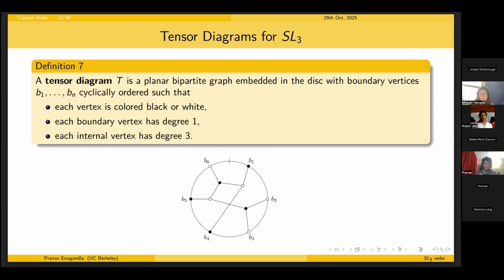So I have black and white vertices, remembering my bipartiteness, and I just have any old graph. The only condition is the internal vertices all have degree 3. So if you zoom in on any internal vertex, you just have 3 strands coming out, and all the boundary vertices only have 1 strand. So this is called a tensor diagram.